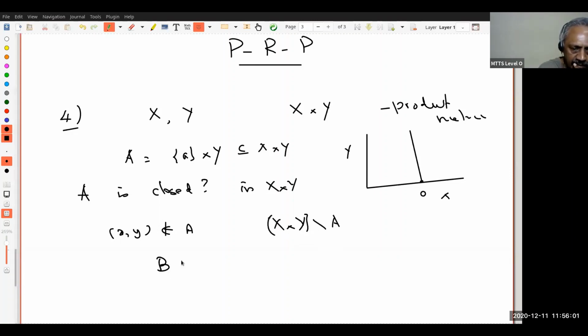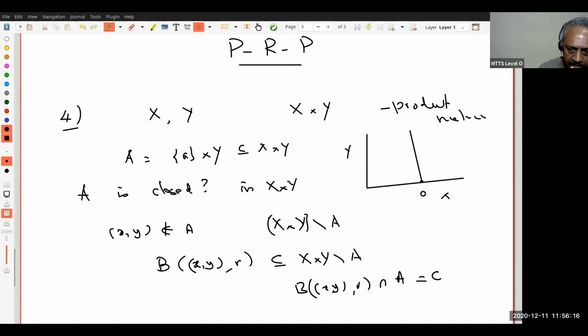I have to find an open ball B((x,y), r) which is completely contained in X cross Y minus A, which is the same as saying B((x,y), r) intersection A is empty. I have to find that.